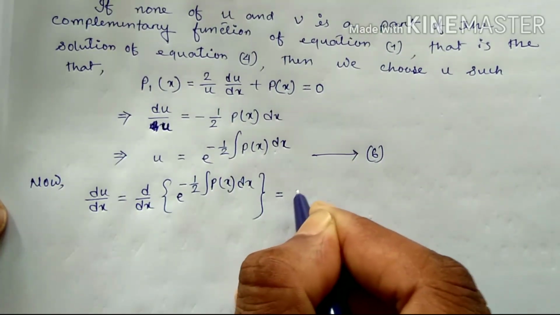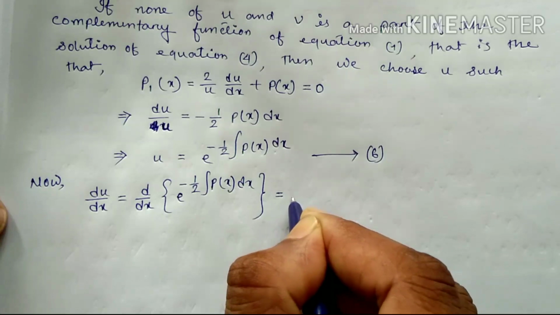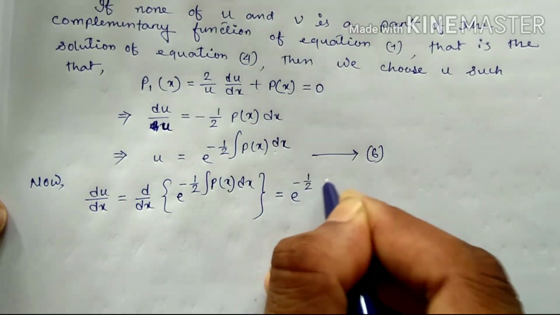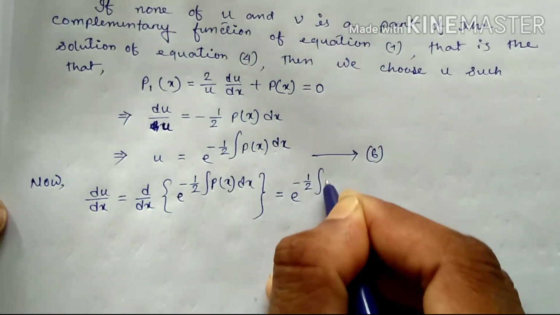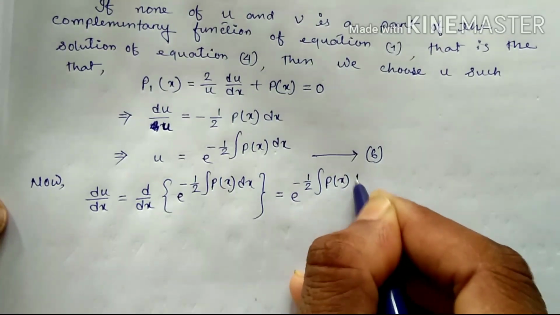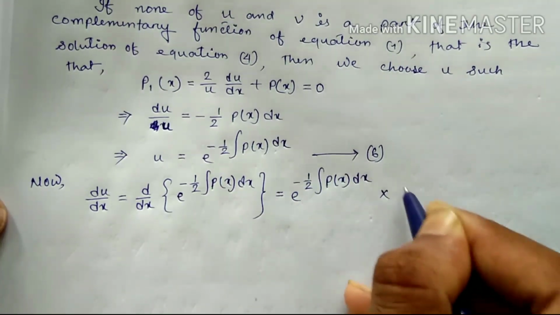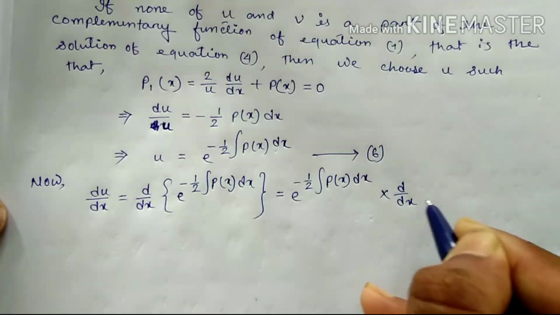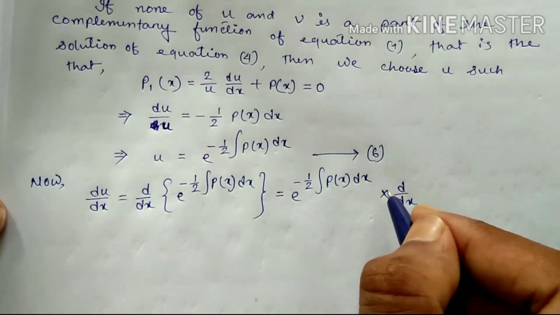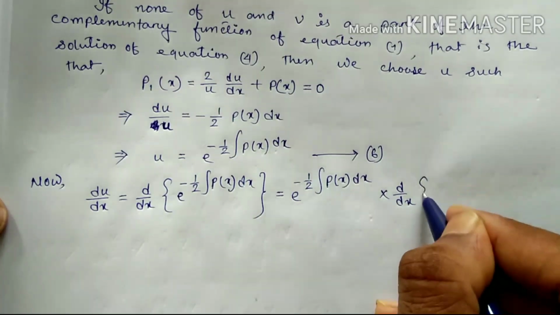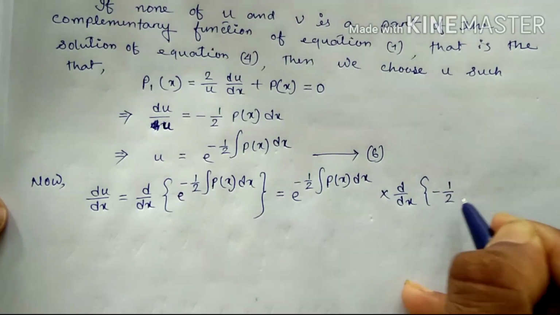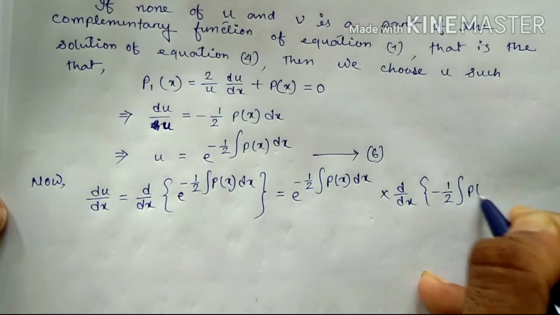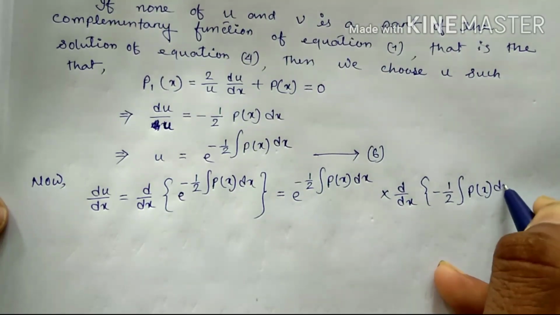This equals e to the power minus 1 by 2 integration p of x dx into d by dx of minus 1 by 2 integration p of x dx.